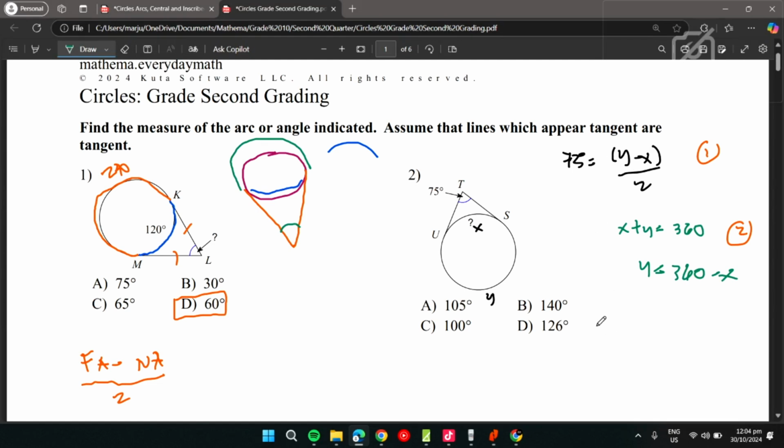Dito. So, this is now 75, 150, right? Equals 360 minus x, and then minus x, I mean. So, ano mangyayari dito?